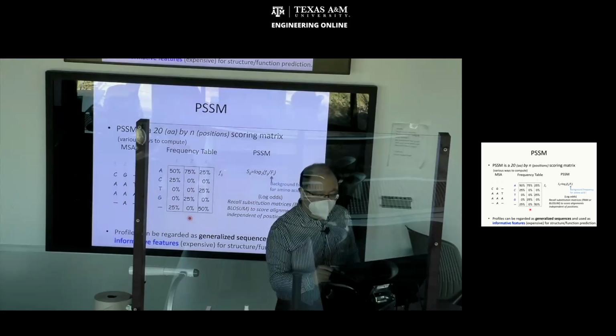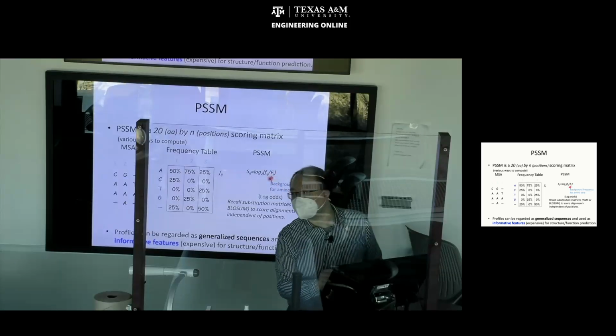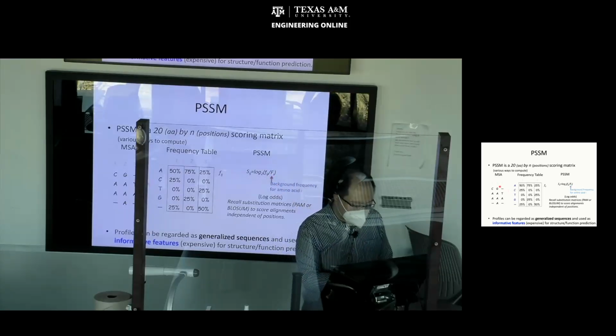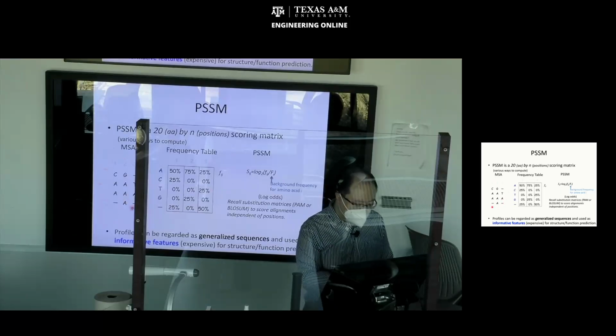So we can normalize that frequency, which is position-specific, J-dependent, by a background frequency for this amino acid I, regardless of position J. So you can look at all these families. For instance, we have a lot of A: 1, 2, 3, 4, 5, 6. There are 6 A's here. So A is already overrepresented in this family.